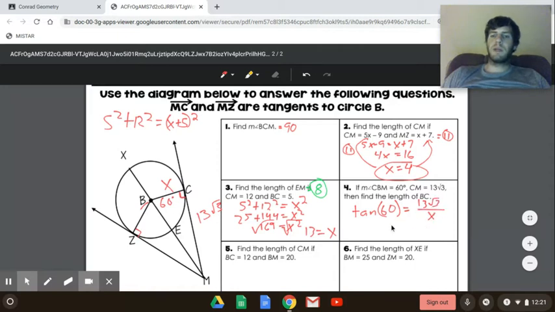Right, you'd multiply x on both sides. Right, and then you'd have x times tangent 60 equals 13 root 3. Right, and then you could divide by tangent 60. Right, and then that's going to get you your answer, okay?